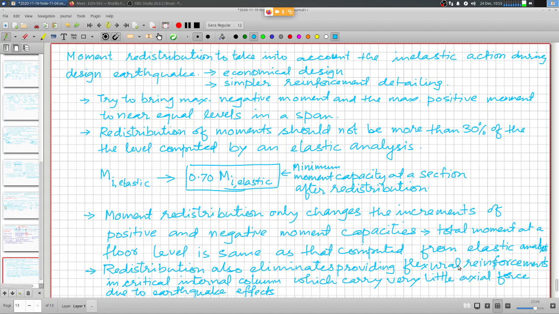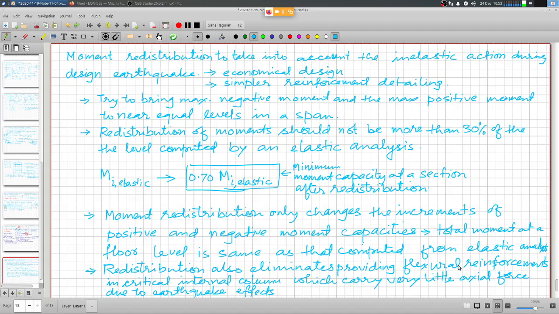There might be little axial force because of the difference in the moments of the beams which are framing into the column from different ends, but the difference in the moments will lead to unnecessarily increased demand of flexural reinforcement in columns to increase the moment capacity of the columns, whereas axial capacities do not really require that much reinforcement.